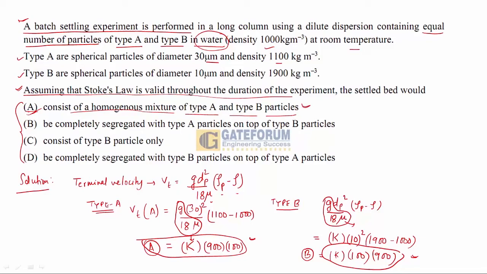Had it been different, suppose for type A it would have been more, or for type B it would have been lesser, then accordingly we would have to select different options. But here, because we are getting the same values, the mixture will be a homogeneous mixture of type A and type B particles. Okay, so this is our final choice.